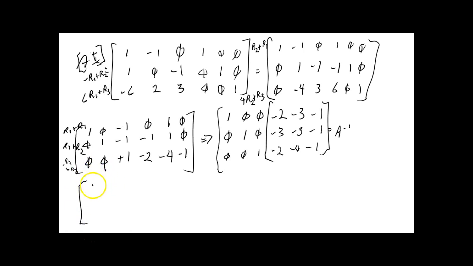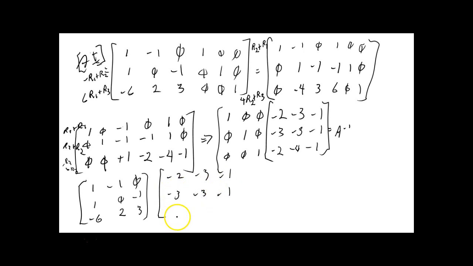Here's A: 1, -1, 0; 1, 0, -1; -6, 2, 3. Okay. So multiply that by your new A inverse, which is -2, -3, -1; -3, -3, -1; -2, -4, -1.